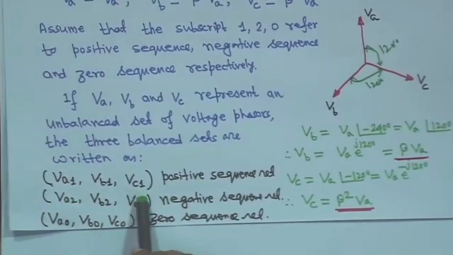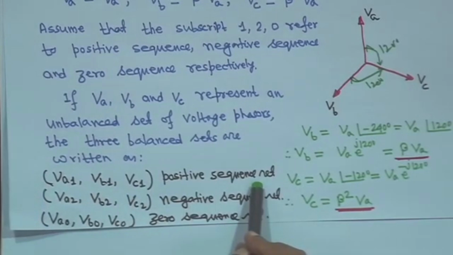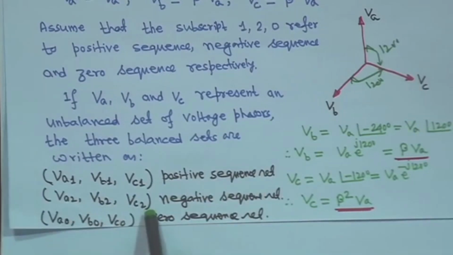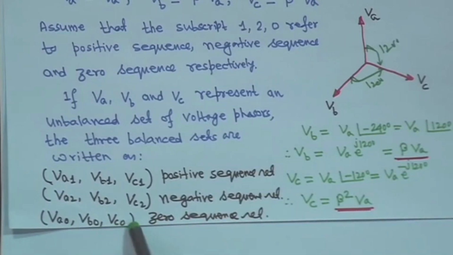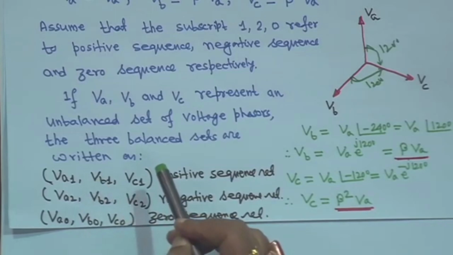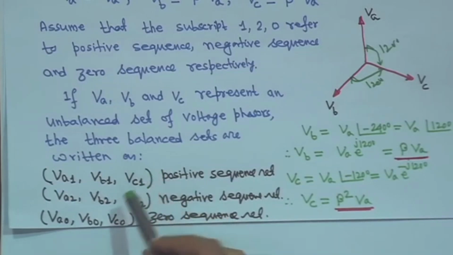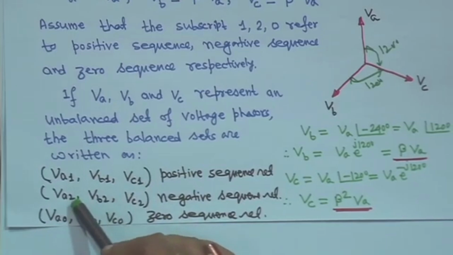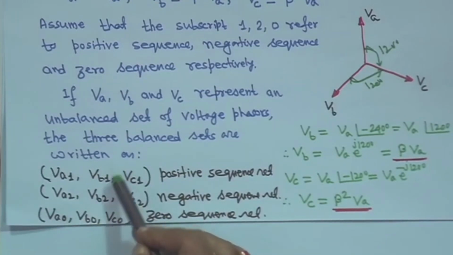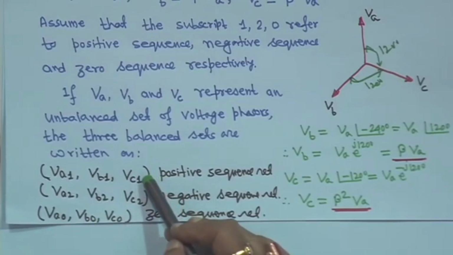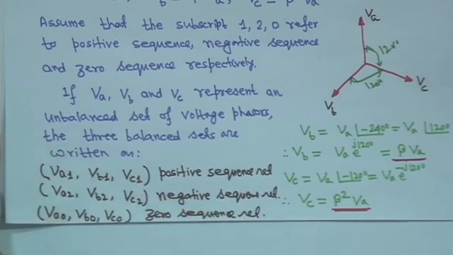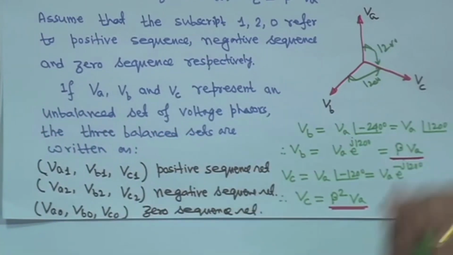Va1, Vb1, Vc1 is the positive sequence set, Va2, Vb2, Vc2 is the negative sequence set, and Va0, Vb0, Vc0 is the zero sequence set. We will come to this later, but it means Va is equal to Va1 plus Va2 plus Va0, Vb is equal to Vb1 plus Vb2 plus Vb0, and Vc is equal to Vc1 plus Vc2 plus Vc0. So these are the positive, negative and zero sequence sets.